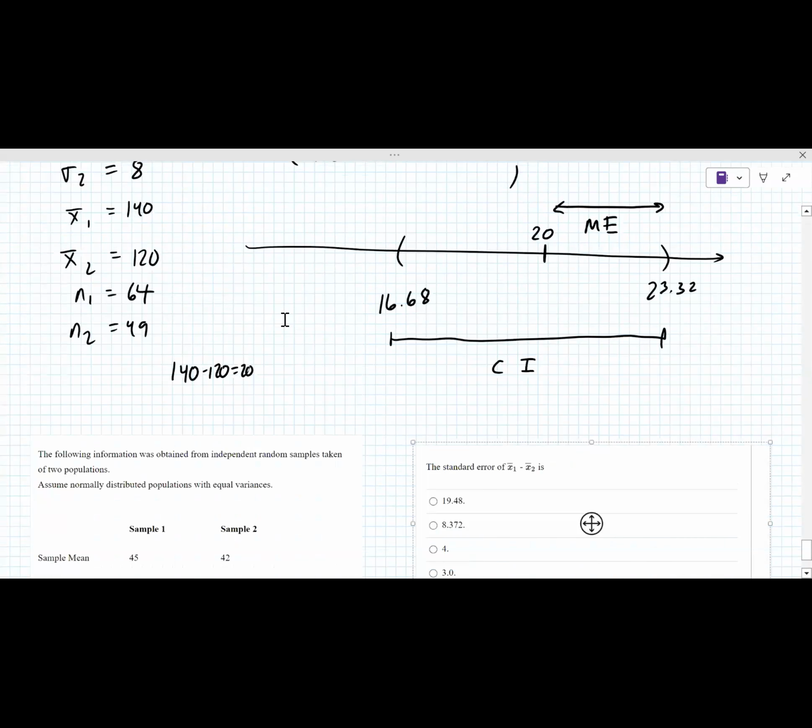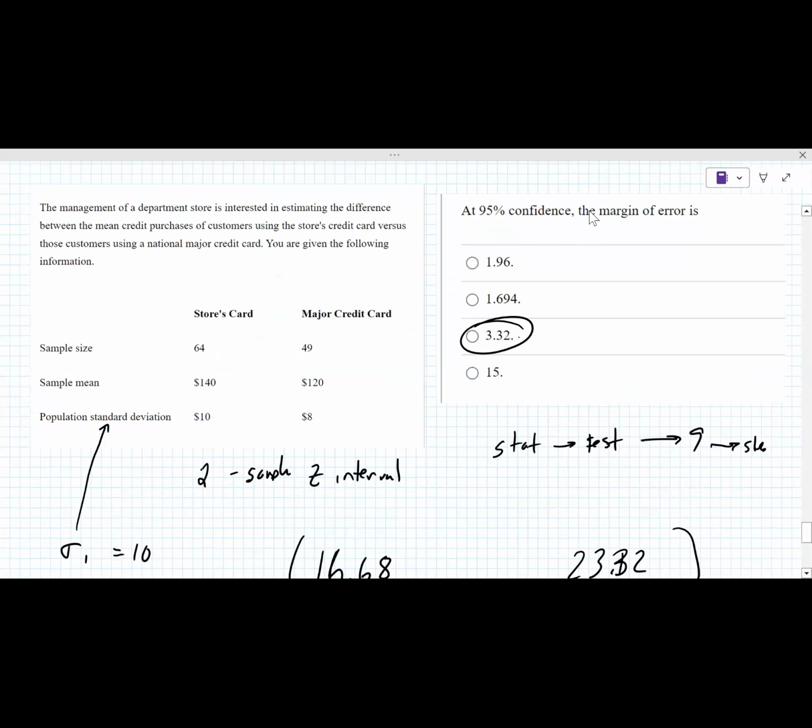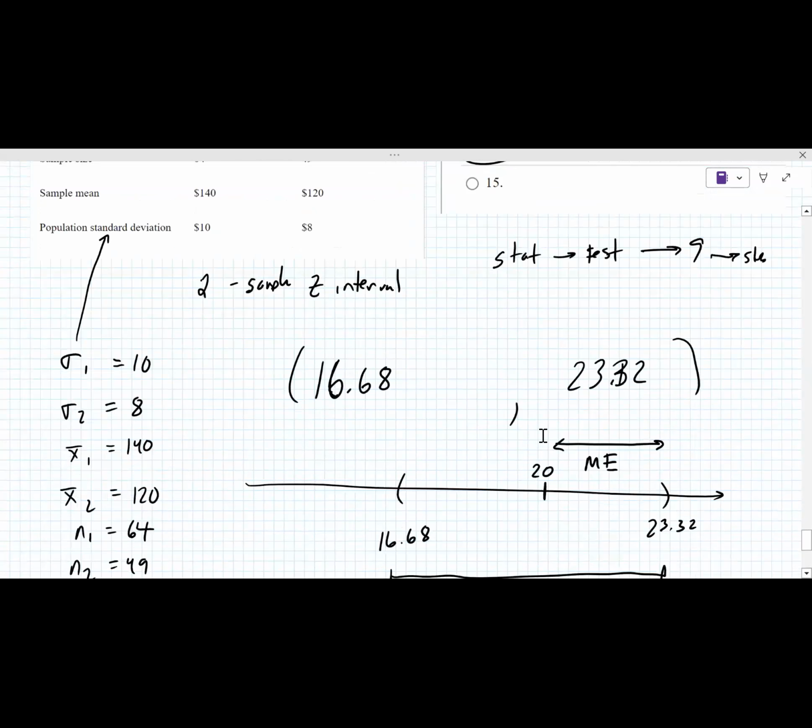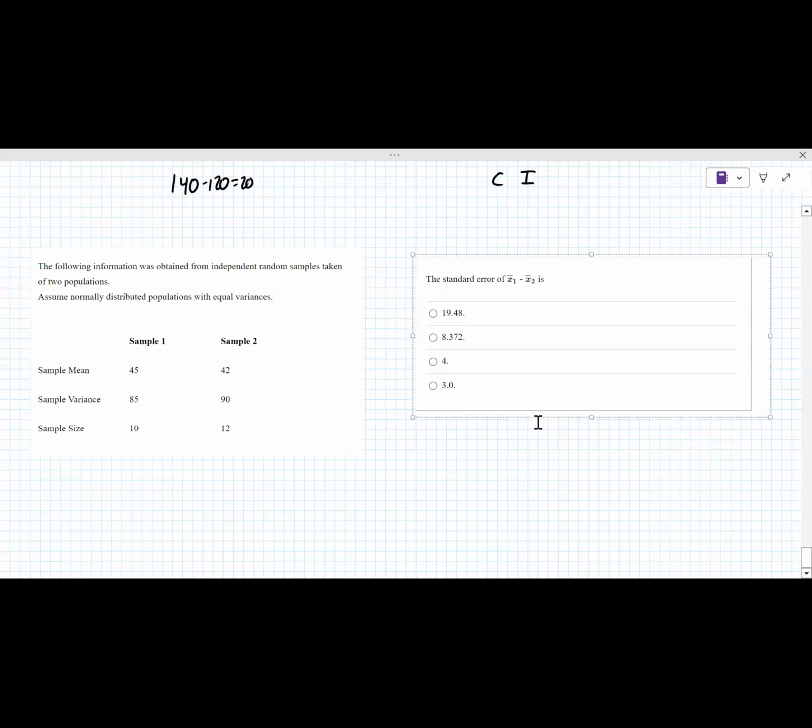Standard error is different than the margin of error. They're not the same, very different. The work we just did in the previous problem doesn't help us at all here. Unfortunately, standard error is a formula. And it's not ideal, but we will be finding it here.